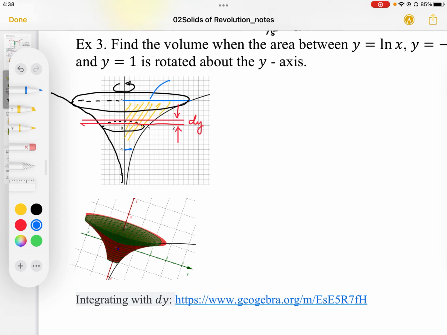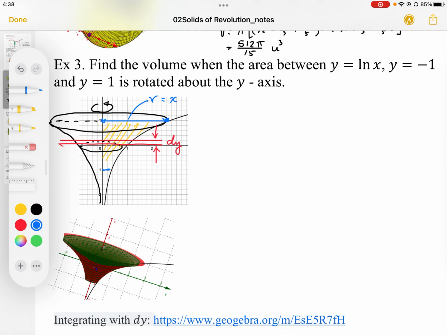And these radiuses are actually, since we're measuring from the y-axis, the length from here to here, that radius is really in terms of x. Okay, so we have our radius in terms of x, we have our thicknesses in terms of y. Well, those aren't really compatible dimensions to work with. So we're going to have to change our perspective.